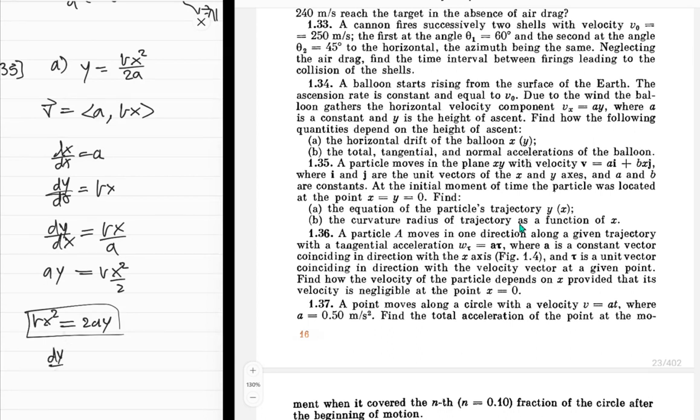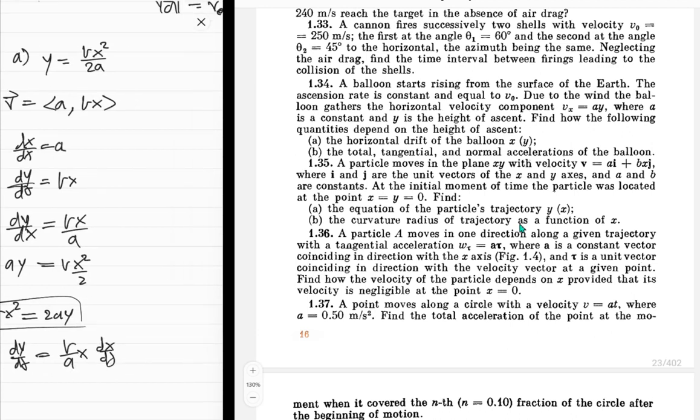So dy upon dt is going to be equal to d upon dx of bx squared upon 2a times dx upon dt. Plugging that in, bx upon a times dx upon dt is equal to b times x. Nice, cancels. This wasn't actually that hard because you already gave us an equation independent of y.